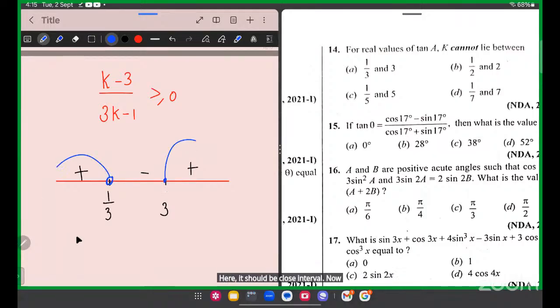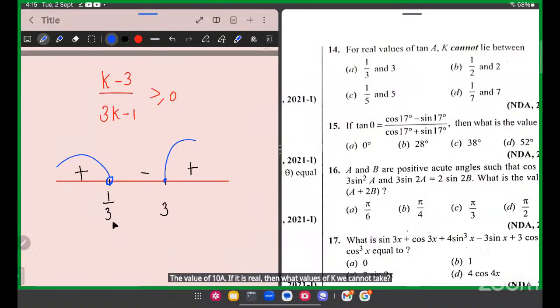Now they are asking for what values of k the value of tan A should be real, so what values of k we cannot take.